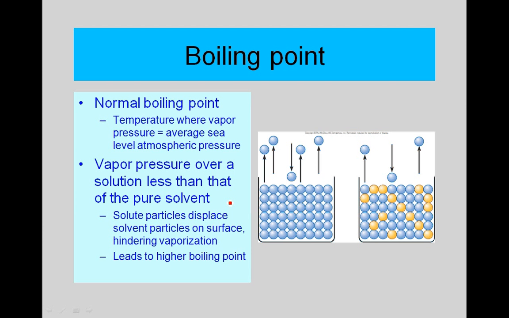Well, when you add in solute particles, like for instance adding in salt, this actually increases the boiling point. So why is that? Why when you add in something can you now increase the boiling point? And what do I mean by increasing the boiling point? Meaning that now where it would normally take 100 degrees to make the water boil, it now takes 110 degrees.